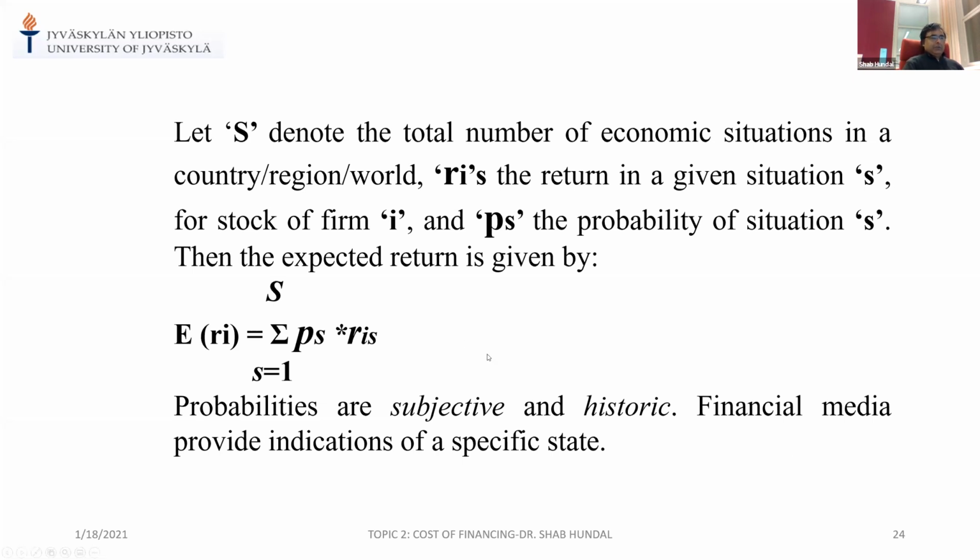Probabilities are historic also. For example, if you study some statistics book, you will find that if we have a dice which has 6 faces, and we throw the dice a large number of times, then the historic evidence shows that the probability of each face showing up is the same. But if you throw the dice 1 or 2 or 3 times, it could be 6, 6, 6.